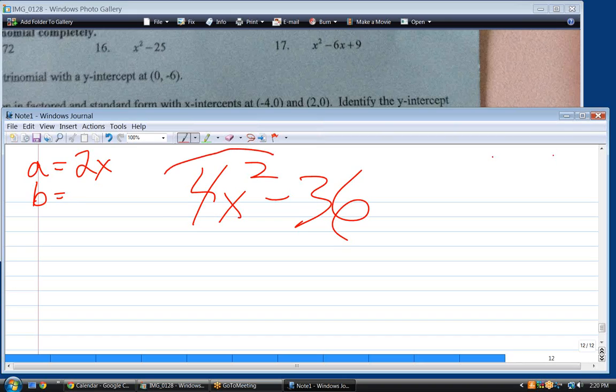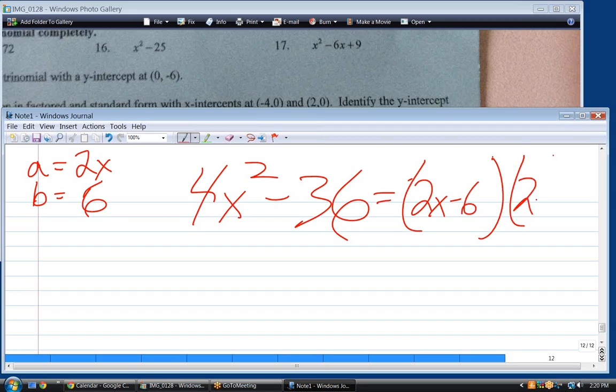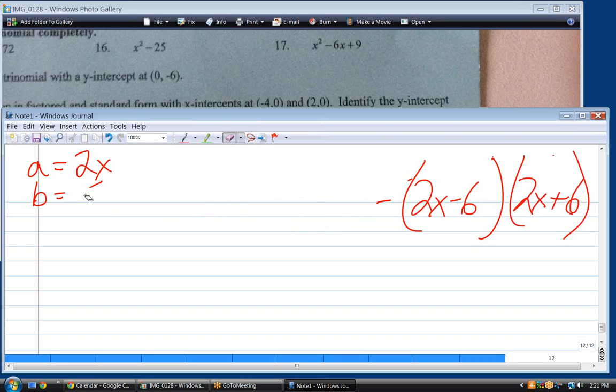Remember, I'm taking the square root of that. 2x times 2x would be 4x squared. All right. What's b? 6. How does this factor? It'd be 2x minus 6 times 2x plus 6. Excellent. That's the difference of squares in a nutshell.